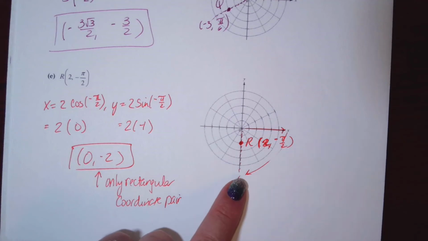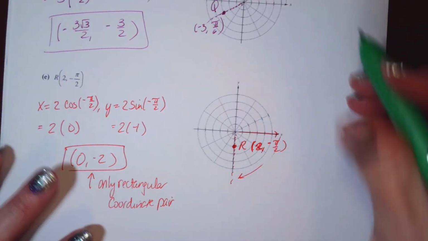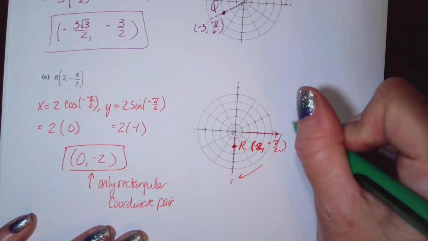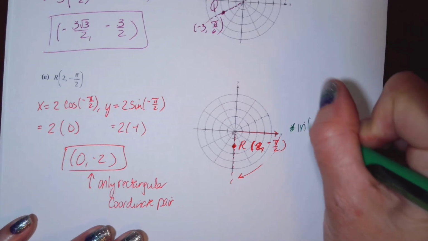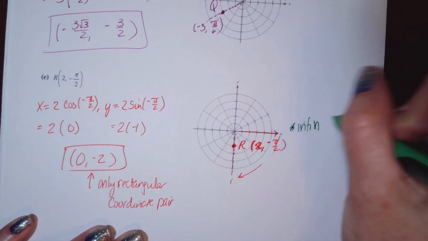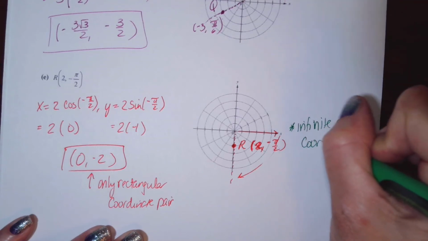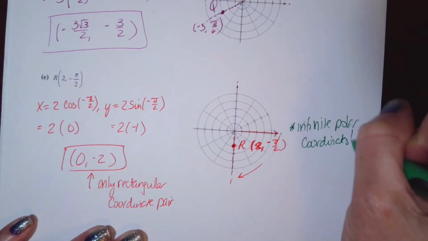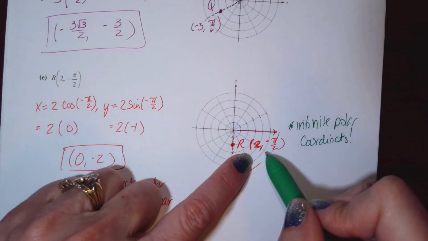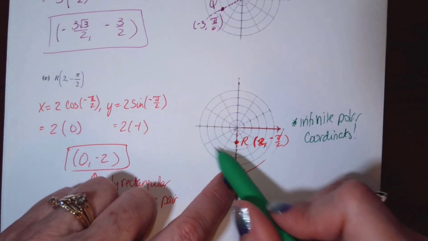But if I'm thinking about polar coordinates, I have an infinite number of polar coordinates, because I can just keep rotating. I can say, okay, well, I'm at negative π/2. I can keep going that direction.